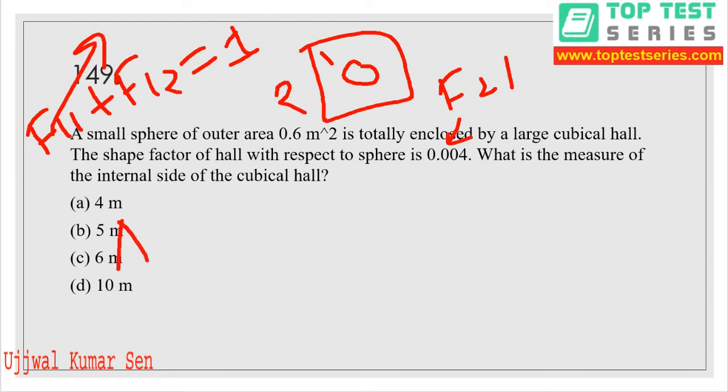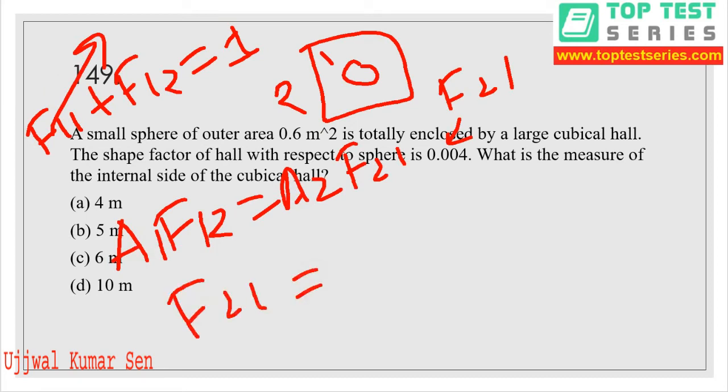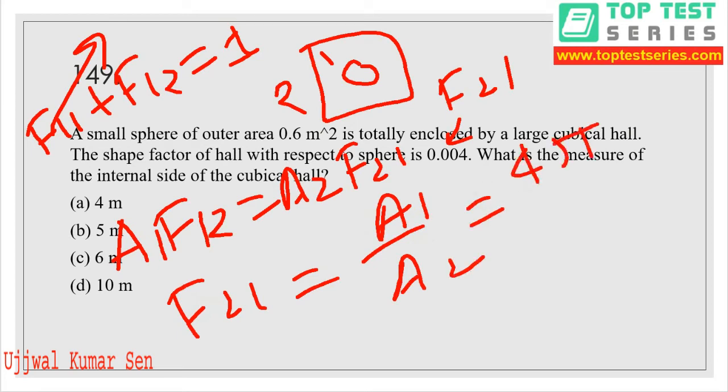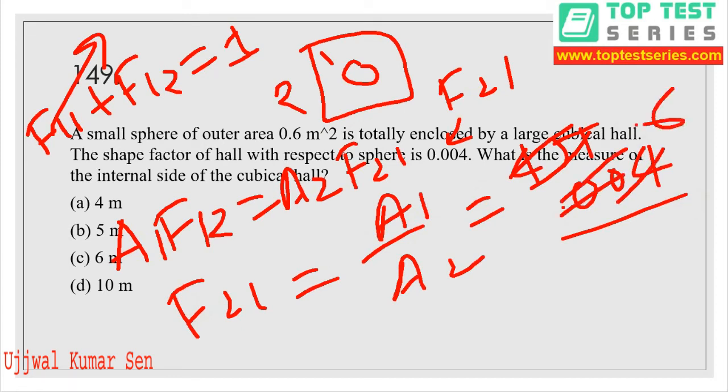It says A1 F12 is equal to A2 F21. What we have to find is F21. So F21 is equal to A1 by A2. A1 is the sphere area, 0.6, which we have been given, divided by A2, which is the cube, so it will be 6a square.